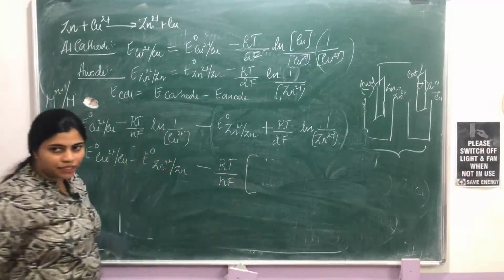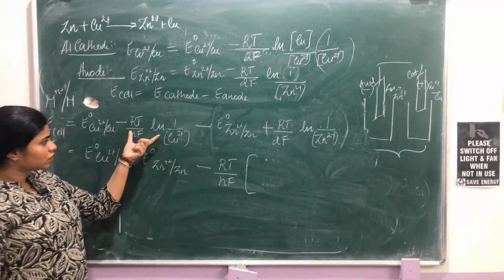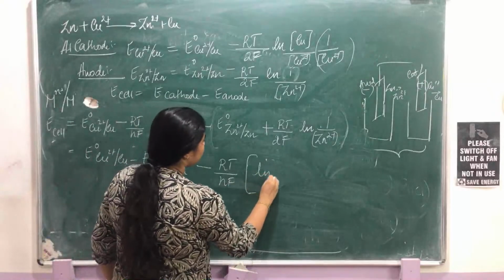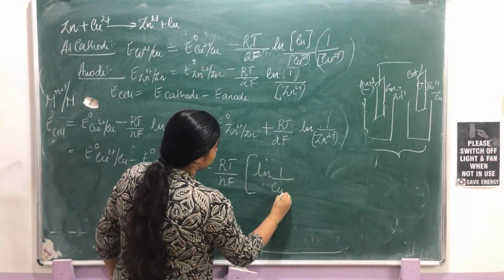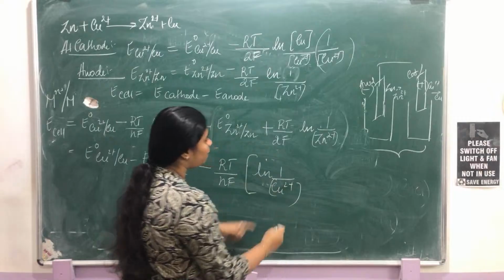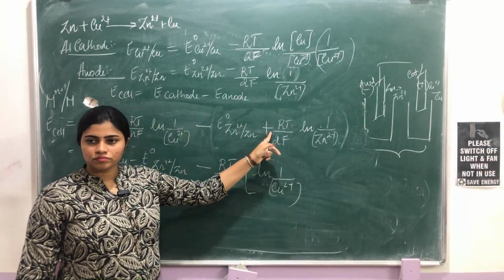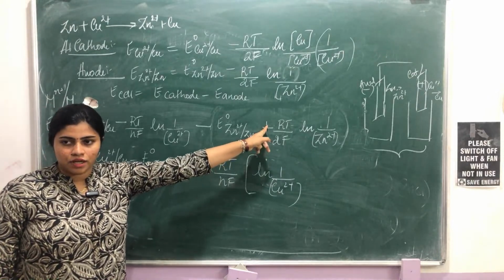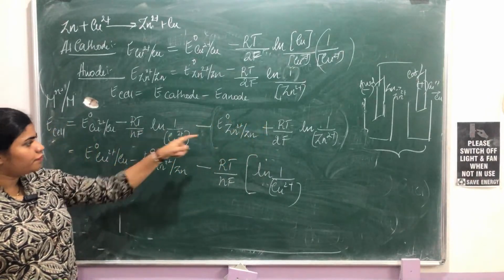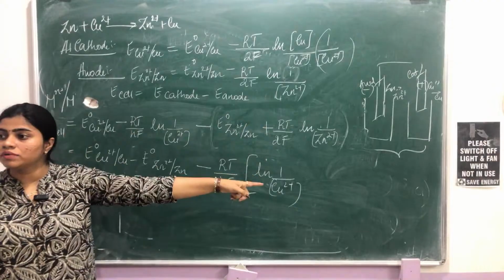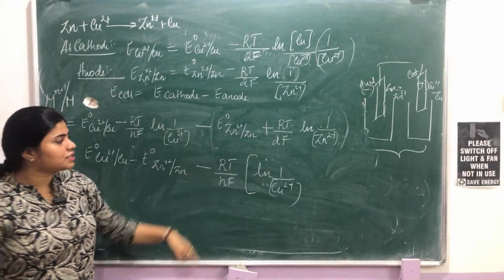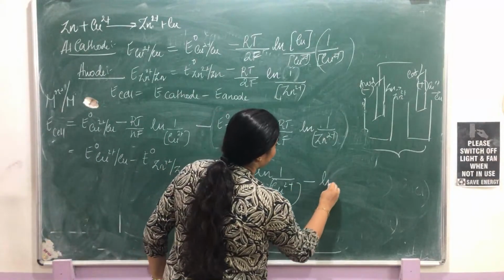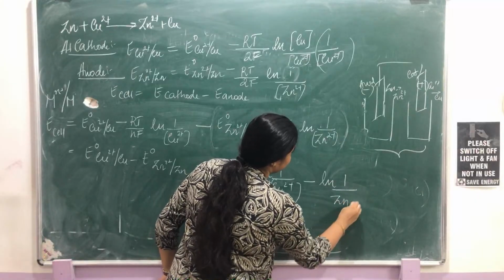If I put a bracket here, this term will become ln 1 by Cu2+. What will happen to this plus now? This is plus. Now if I put a bracket, I bring a minus charge outside, so it will be minus ln 1 by Zn2+.